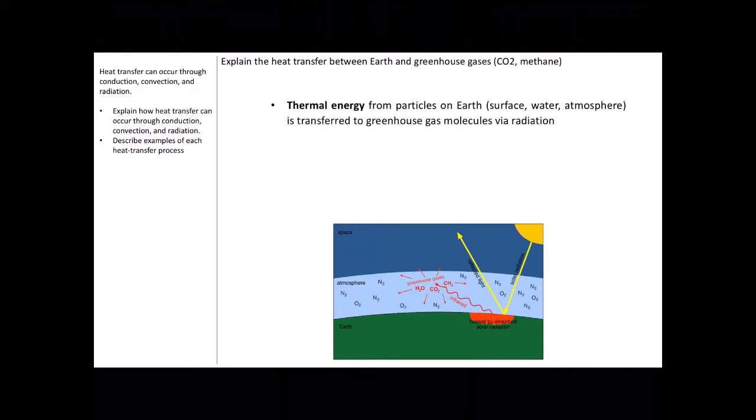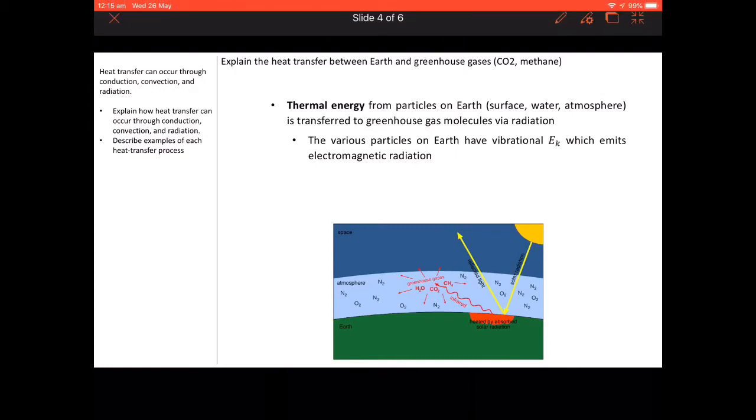Thermal energy from particles on the Earth, so this could be the surface of the Earth, water on the Earth, or other areas within the atmosphere, is transferred to greenhouse gas molecules via radiation. The various particles on Earth have vibrational kinetic energy, and this is what emits the electromagnetic radiation. So this is what is being radiated here.